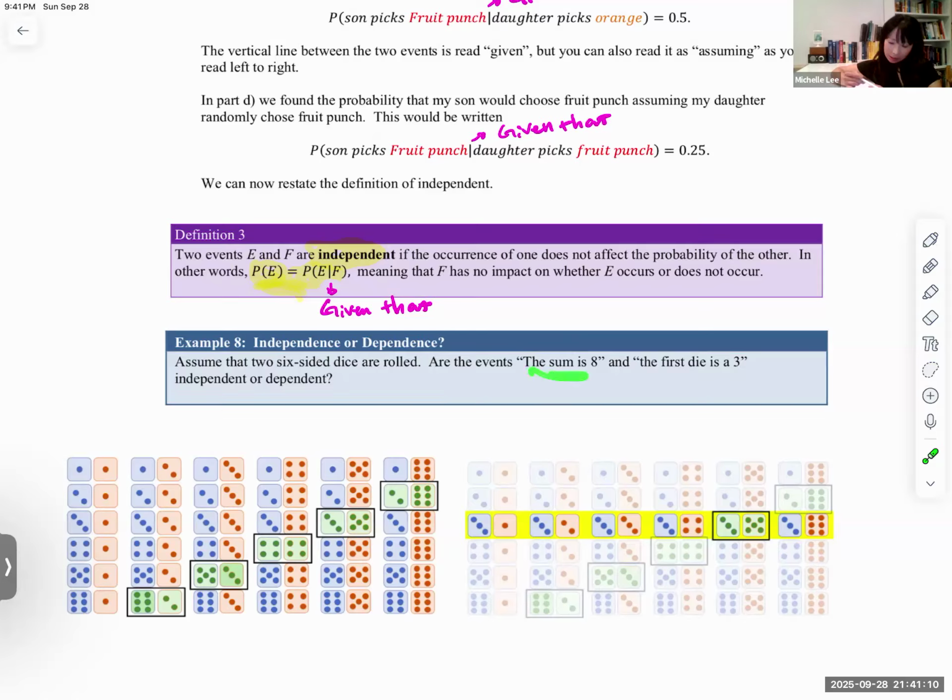For a sum of 8, we can see the combinations 6 and 2, 5 and 3, 4 and 4, 3 and 5, 2 and 6.